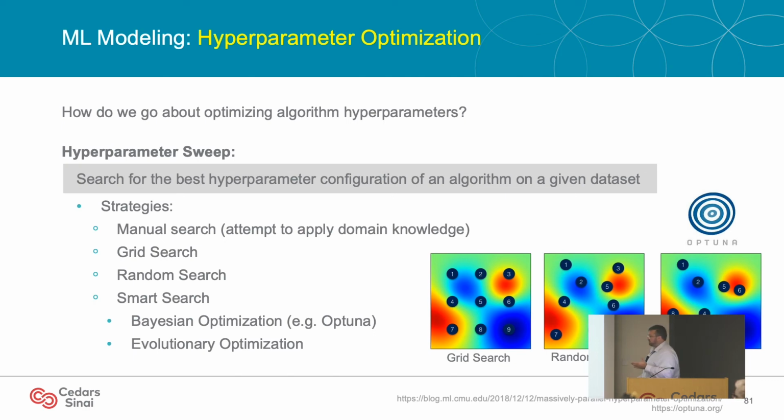Another option is to do a grid search. Imagine the x and y axis on this grid represent two hyperparameters we're trying to optimize. Let's say tree depth and the number of samples that end up in the decision tree leaf. Note that we might be optimizing more than just two hyperparameters at once. There might be 10 or 15 that we're trying to optimize at the same time. But for the purposes of illustrating this, we just have two. A grid search means that we're picking a predefined set of values. So tree depth might be 2, 5, and 10.